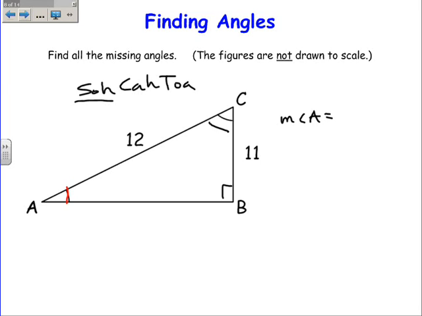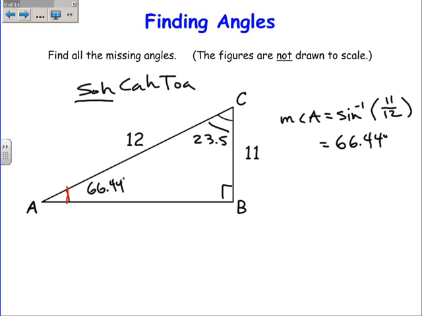So the measure of angle A is the inverse sine of 11 over 12. The inverse sine of 11 over 12, and I get 66.44 degrees. So angle A must be 66.44 degrees. And I add that to 90 and subtract that sum from 180, I get 23.56 degrees.